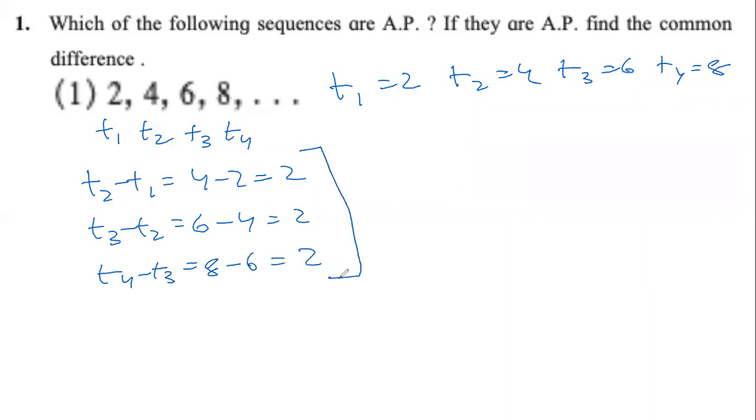And from these three differences, we will say, yes, common difference exists, and it is D equals 2. And because common difference exists, we will say, yes, it is an AP. You can write AP with dots or without dots, side by side. Now, why am I showing three differences? Because there are 4 terms.